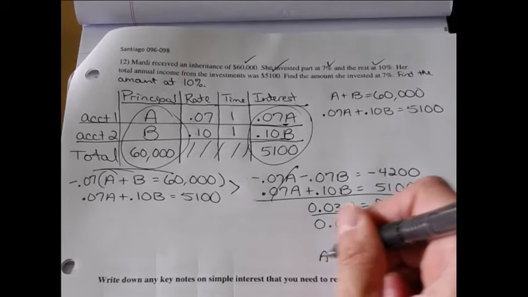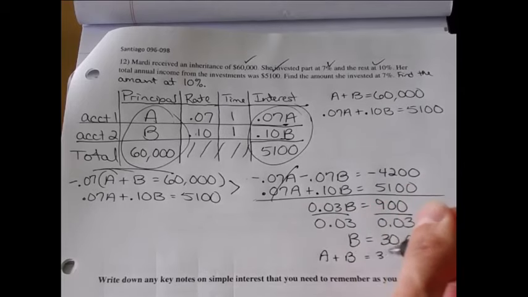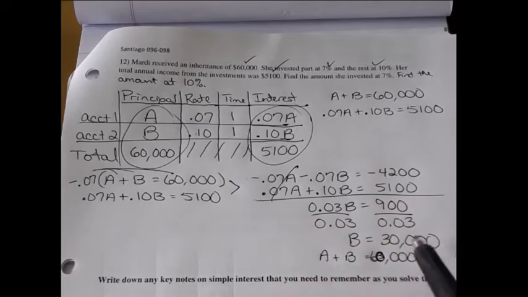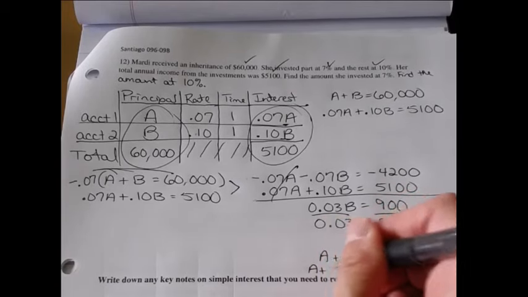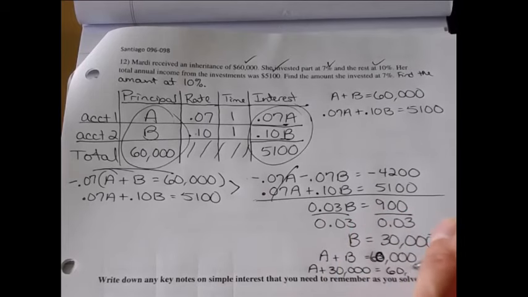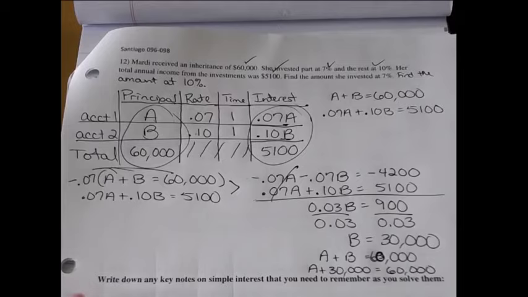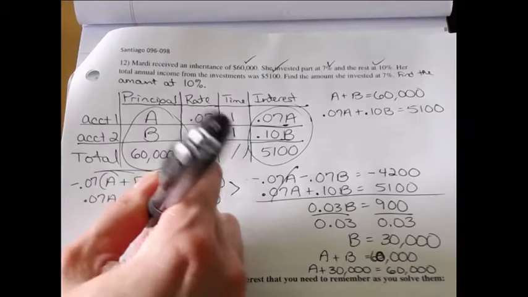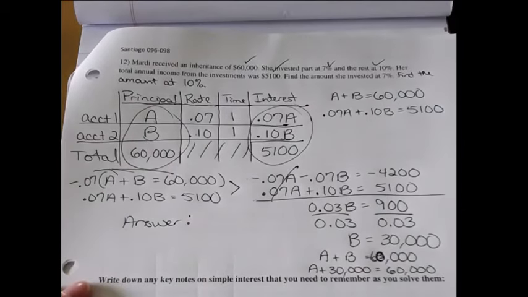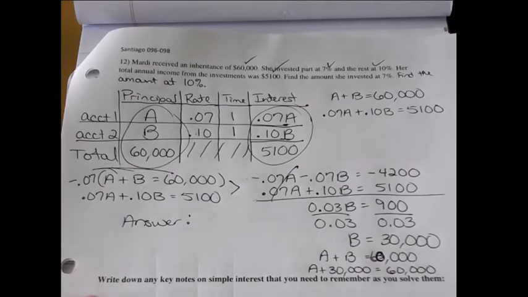So as a reminder, I'm just going to put here that a plus b is equal to 60,000. And if a plus b is 60,000, but b is 30,000, you know that a has to be 30,000. So my answer, you could write account 1 equals 30,000, account 2 equals 30,000.